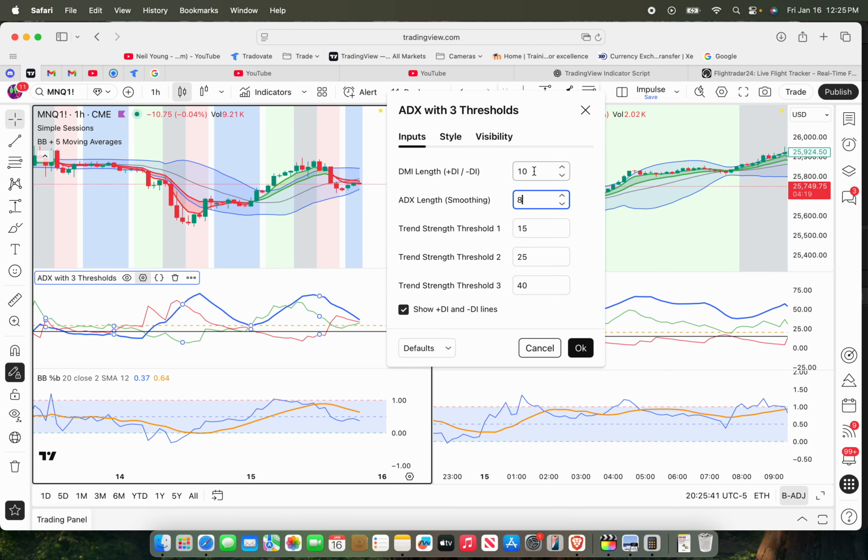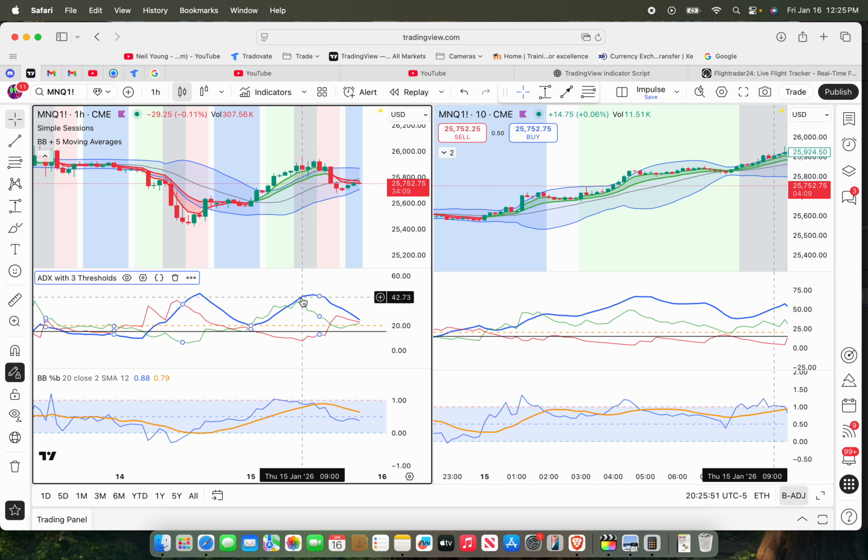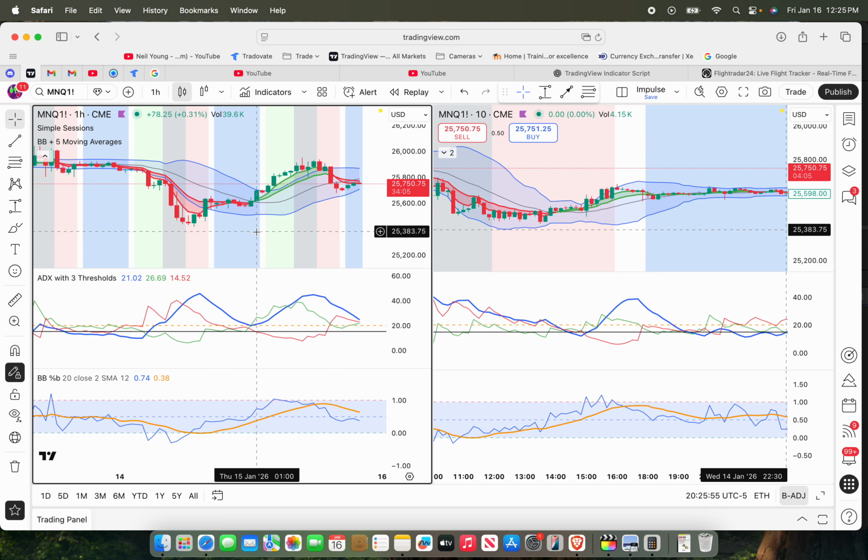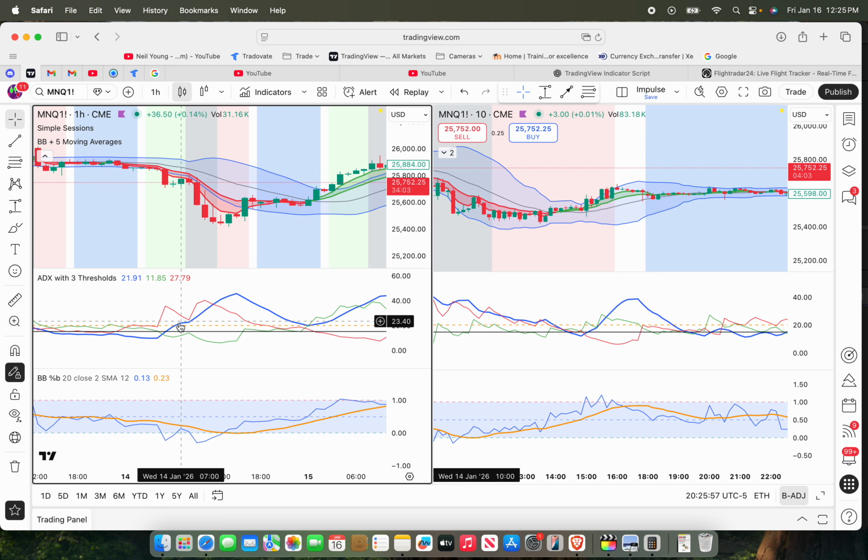So that's set at 10 bars, and the ADX is the moving average between the DMI lines, and that's set at 8. And I find that's quite a good compromise on all charts. If you don't know how this works, it's a trend finder, and it's pretty sharp.